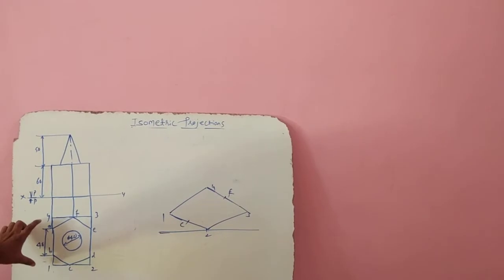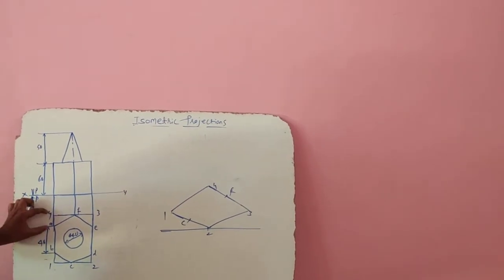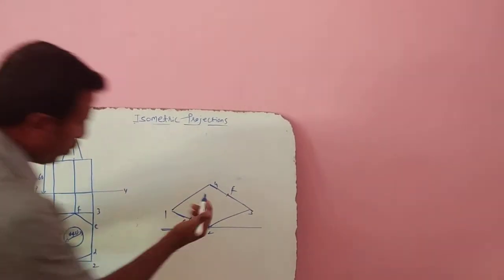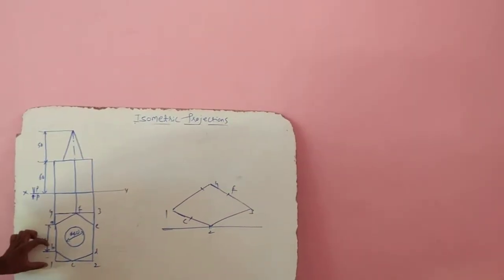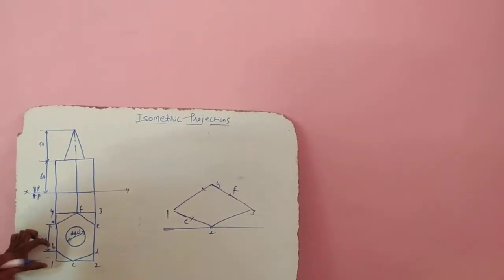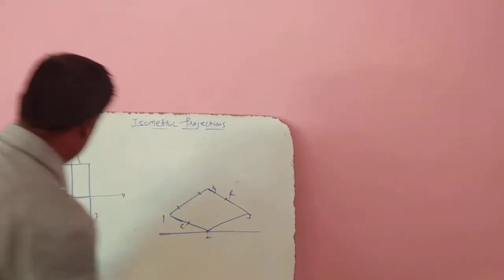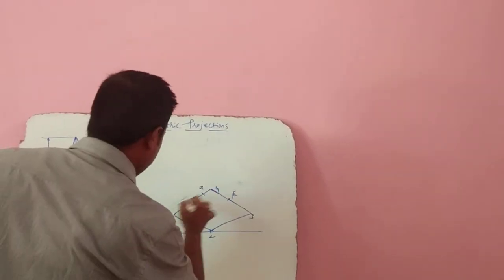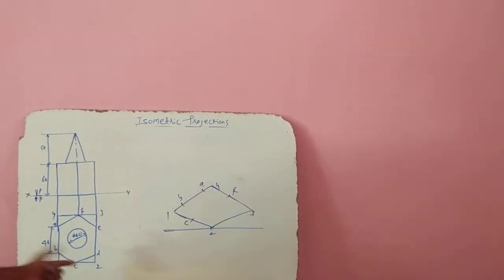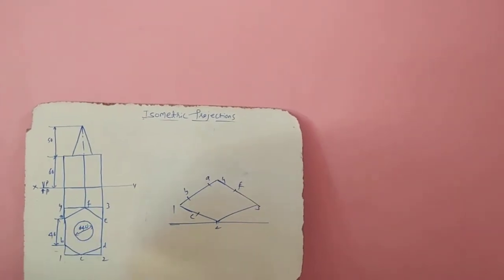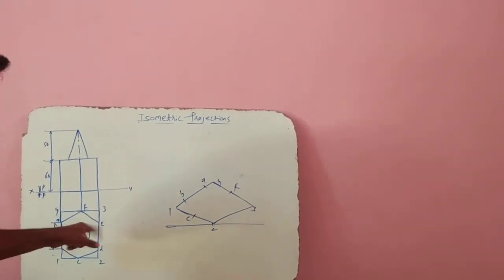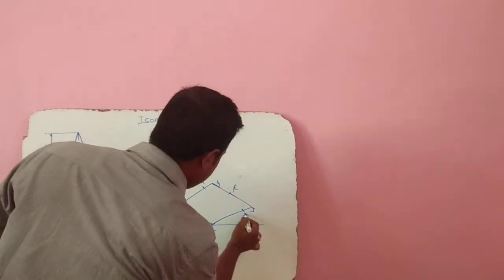A and B are coming on the 1 to 4 line. Measure 4 to A, convert that to isometric and mark it. Similarly, measure the length of 1 to B, convert that to isometric, and mark it here. So now this will be A, this will be B. Now take the 2 to 3 line, on which we get E and D. Measure 3 to E, convert that to isometric.